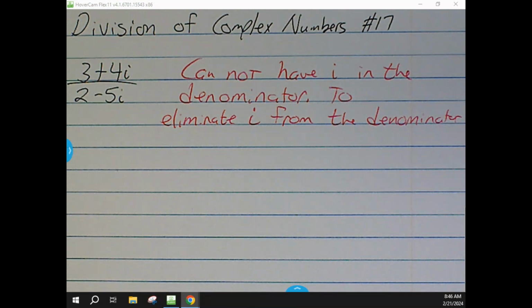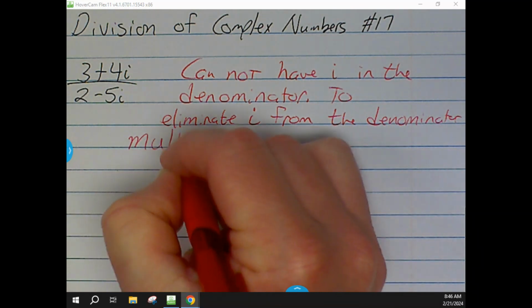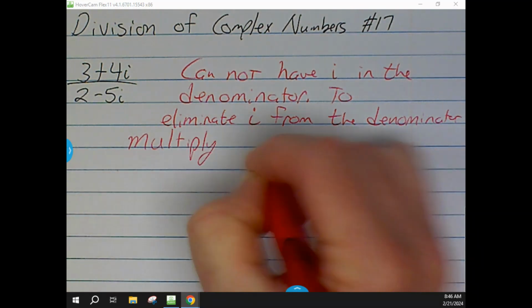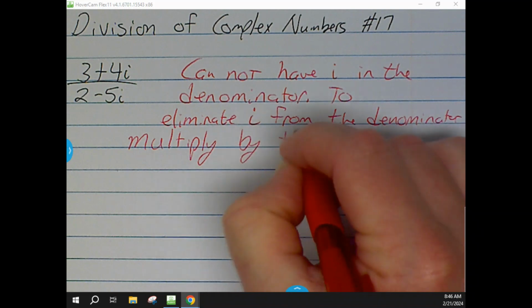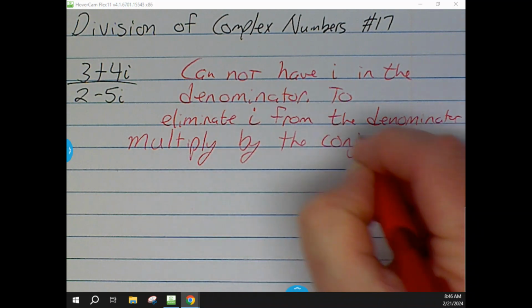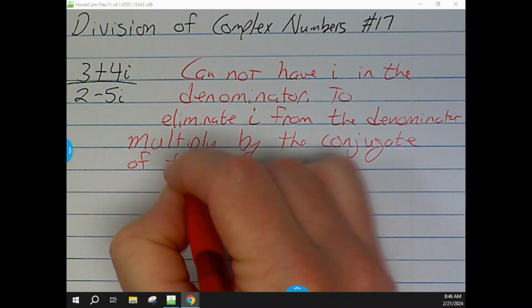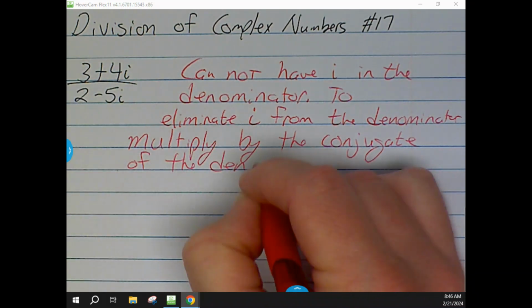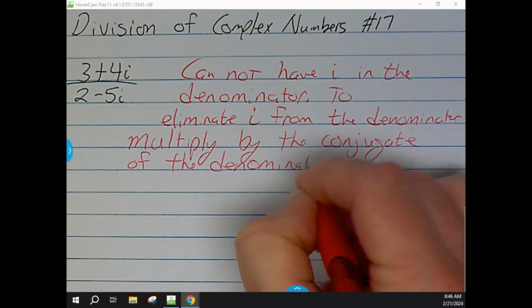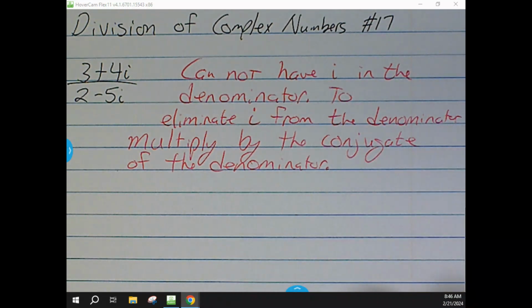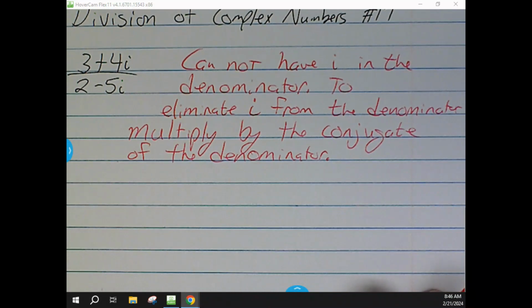So to eliminate i from the denominator, basically here's what you're going to do. You're going to multiply by the conjugate of the denominator. Okay, and you may be asking, what is the conjugate of the denominator?